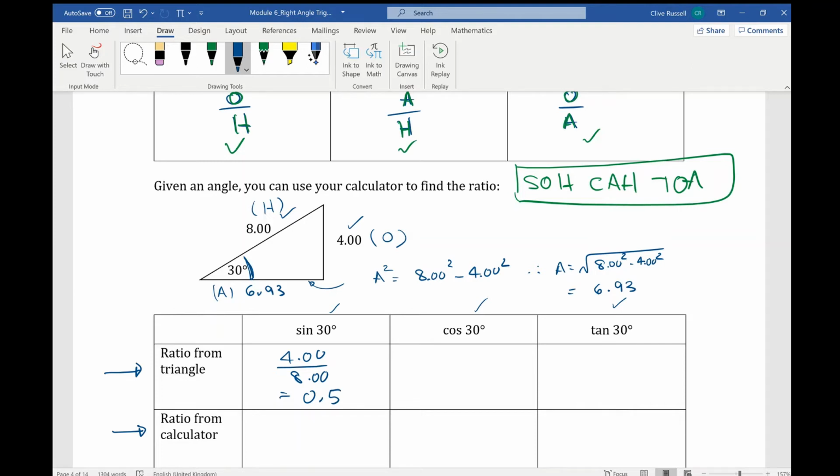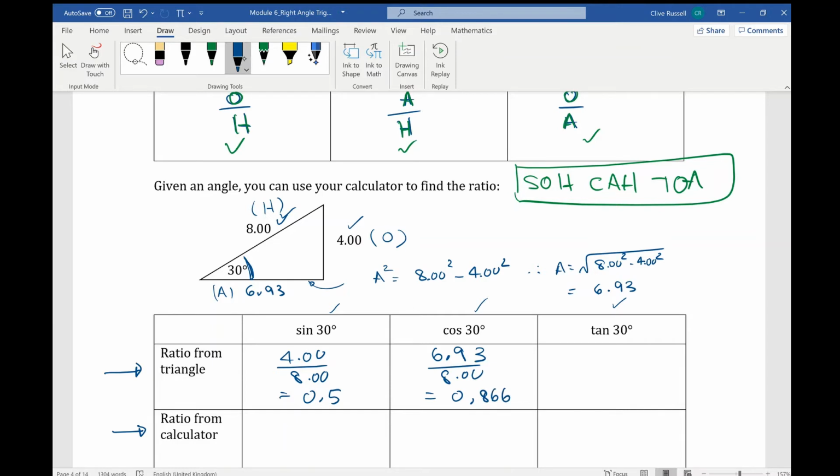Cosine of 30. Now cosine is adjacent over hypotenuse. So it's 6.93 over 8.00. And if you plug that in your calculator, you're going to get 0.866.